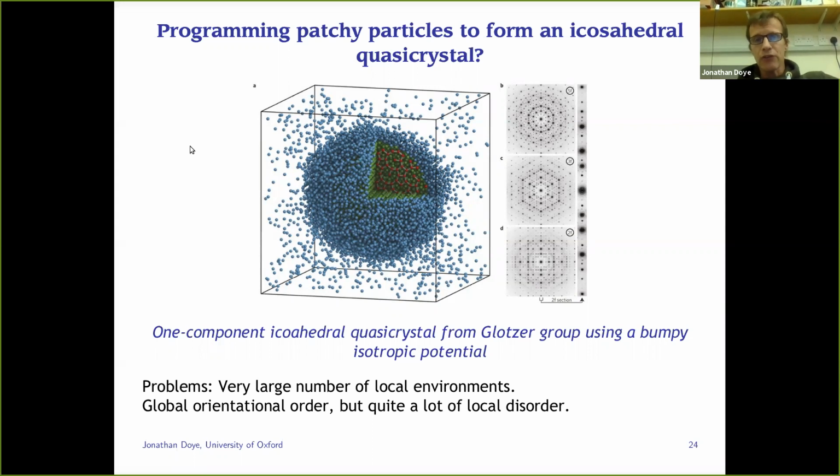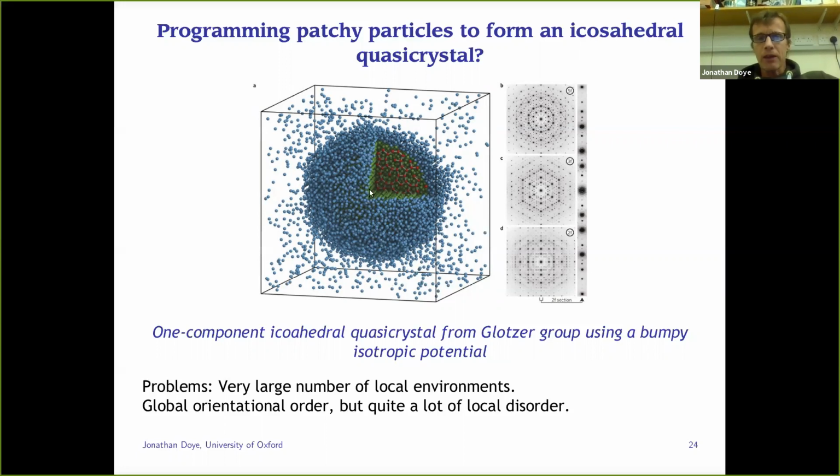In this system, it's not so straightforward to do that analysis because of the hard core, but basically you've got these multiple minima, and they've tuned these minima until they've seen these icosahedral quasicrystals form. So it's the two length scales in the potential which are driving this. But these potentials are complex as a function of the radial distance and can be hard to realize. But you do see these beautiful fivefold symmetric patterns.